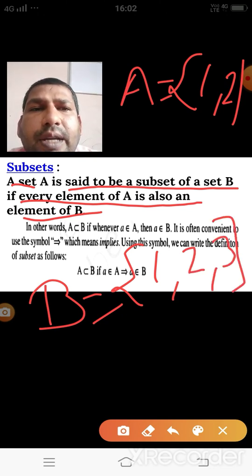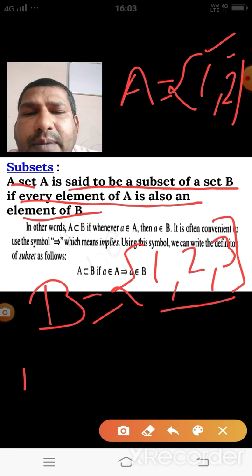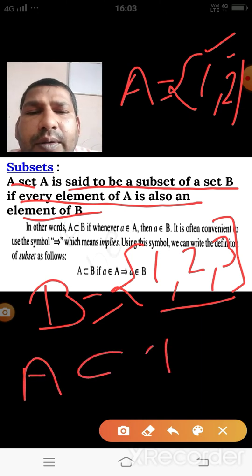Then what we are observing: the elements of set A are 1 and 2, and each element of set A lies in set B. For this reason, we are able to write A is a subset of B.